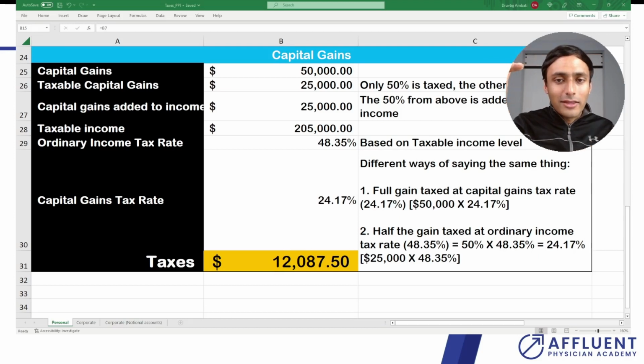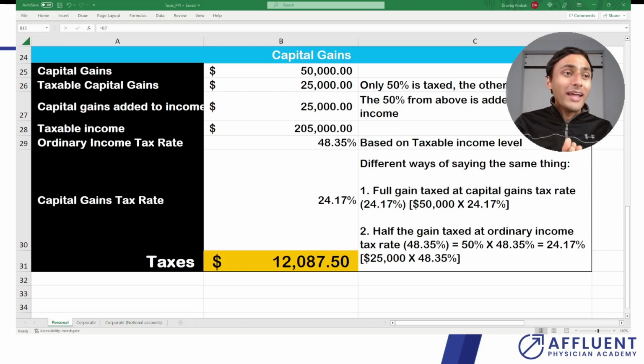And so on the income tax bracket of your taxable income, that is the rate that is then multiplied to 25,000. So in this case, I took a very high income, and so I went to a high income tax rate of 48%, and so $25,000 is taxed at 48% to give you $12,087.